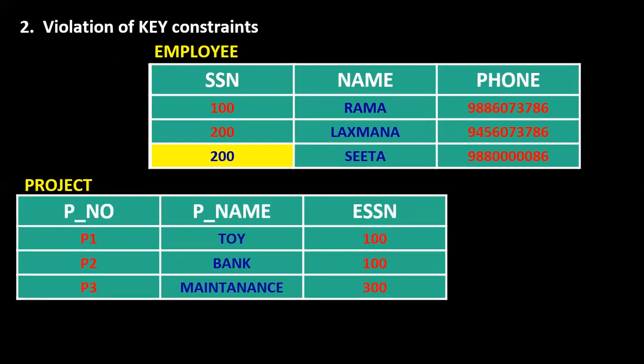I want to assign SSN 200 for Sita also. Is this acceptable? We know key constraint violation means we cannot give the same value for the primary key, but here I have entered 200. This is not acceptable. I want to change 300 to 200, but this is not acceptable because Lakshmana also has SSN 200. So this will say key constraint violated.